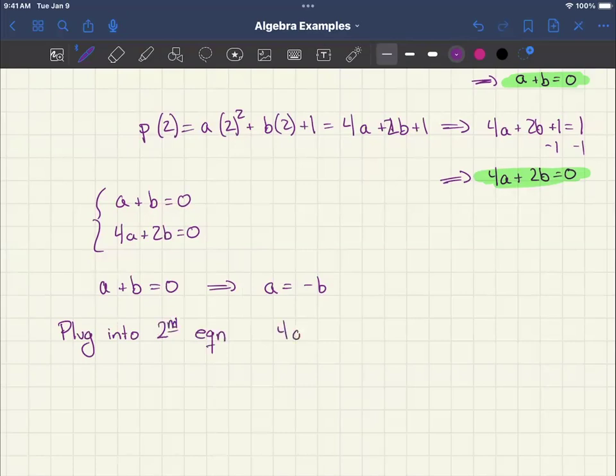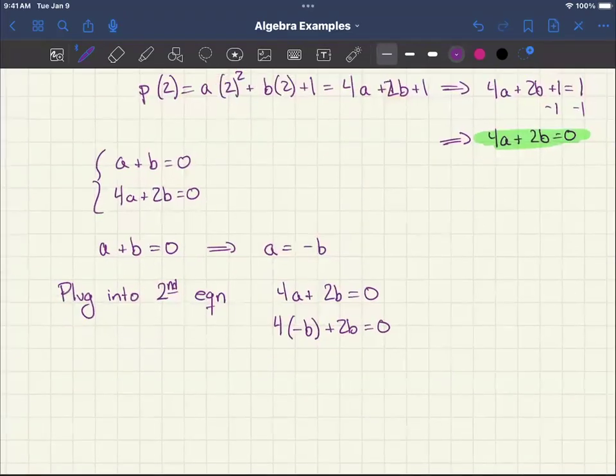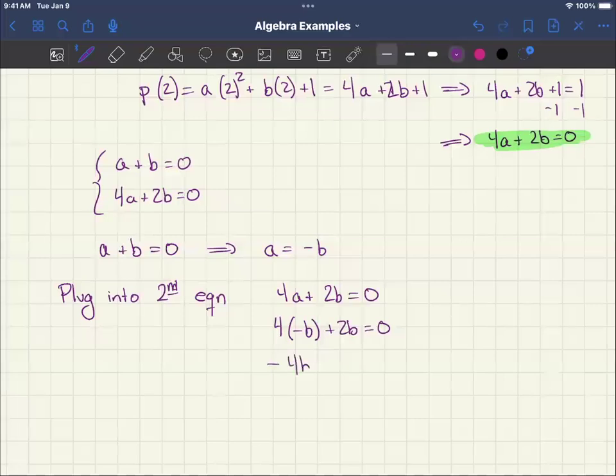So instead of 4a plus 2b is equal to 0, we're going to write 4 times negative b plus 2b is equal to 0, which gives us negative 4b plus 2b is equal to 0, which means 2b is equal to 0, which means b is equal to 0.